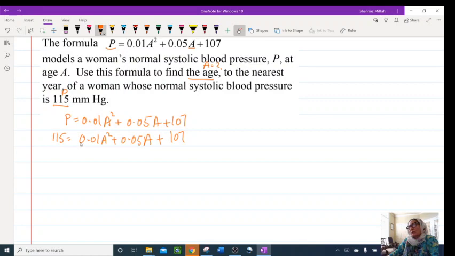And guys, I always use the quadratic formula when I have a coefficient in front of any square, x squared, a squared, whatever the square is, because I don't want to waste time. I'm going to make the whole equation equal 0. Subtract 115 from both sides, and I get 0.01a squared plus 0.05a minus 8 equals 0.